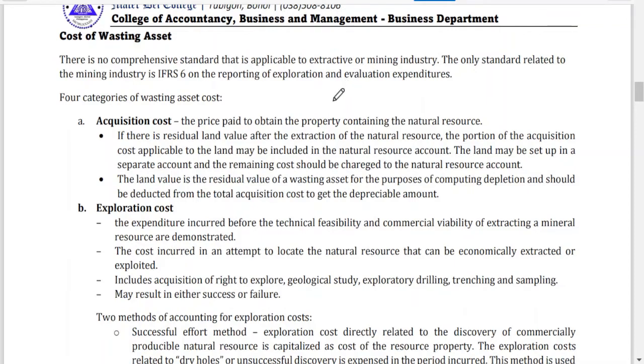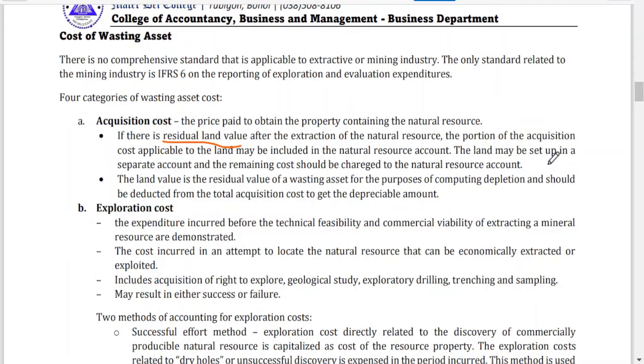First, we have the acquisition cost. This is the price paid to obtain the property containing the natural resource. So this is what was paid to obtain legal rights to that specific area. If there is a residual land value after the extraction of the natural resource, the portion of the acquisition cost applicable to the land may be included in the natural resource account.